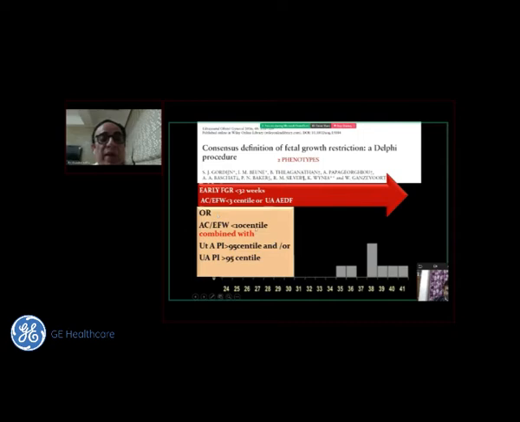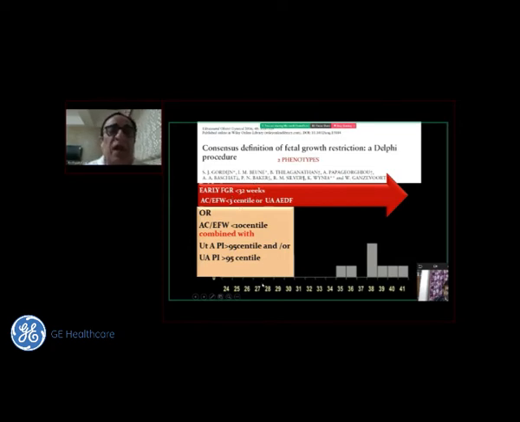Also, if the fetal weight is between the 10th and the 3rd centile, we have to combine it with Doppler. So if you have increased uterine artery resistance beyond the 95th centile or increased umbilical artery resistance above the 95th centile, we call it early IUGR before 32 weeks.